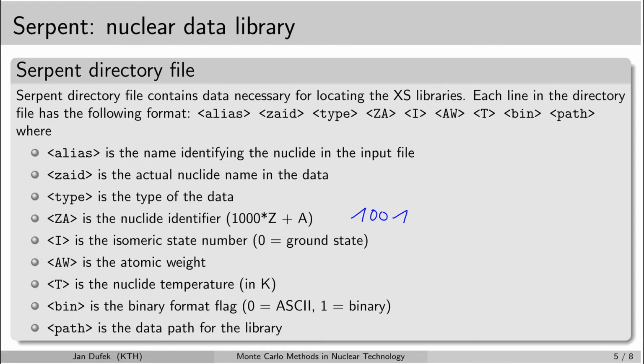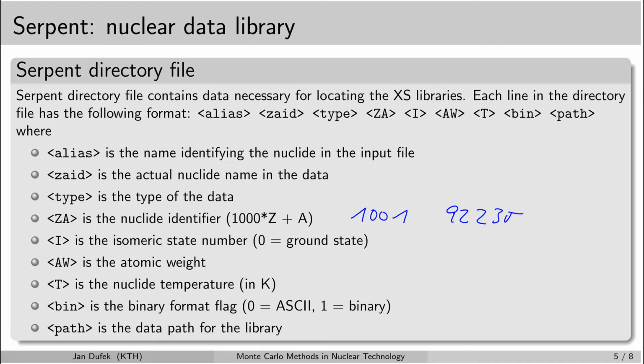For uranium-235, it is 92235. Some of the nuclides which may be present in our system may be metastable, and they may have different cross-sections than the same nuclides in the ground state. Therefore, we need some way to distinguish between the ground state and the excited states of different nuclides.